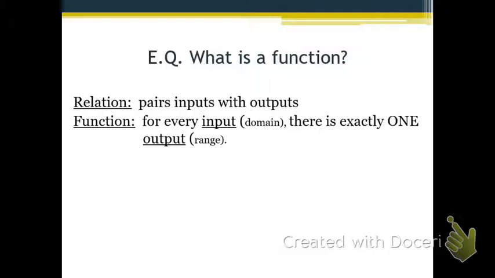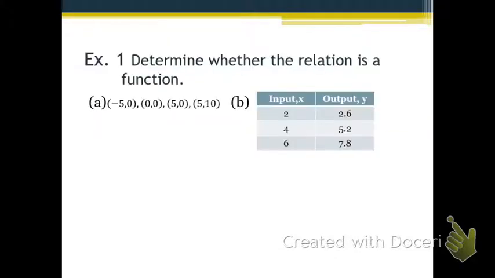But the first thing I want you to do, I want you to highlight input, domain, one, output, and range. Okay? So the input, also known as the domain, for every input, there can be exactly one output, also known as the range.